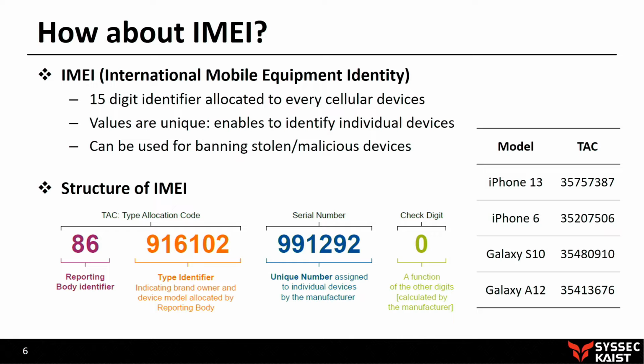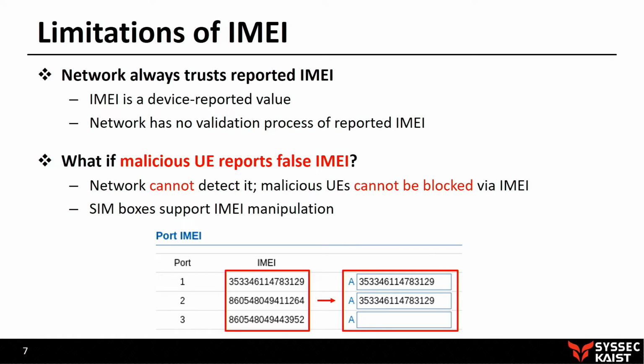So one might think that SIM boxes can be detected by MNOs on the network if they can maintain a proper database of IMEIs and TACs. But unfortunately, this does not work, because of the limitations that IMEI has. First, IMEI is a device-reported value with no validation process.